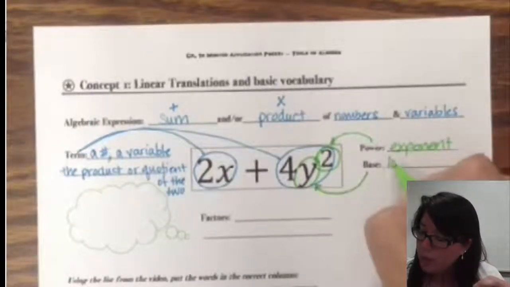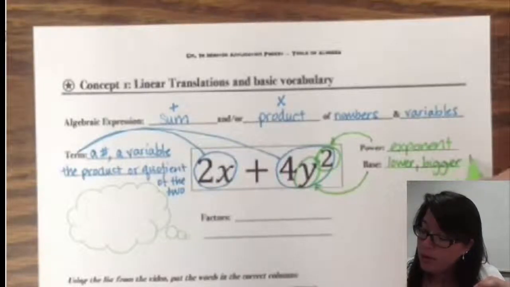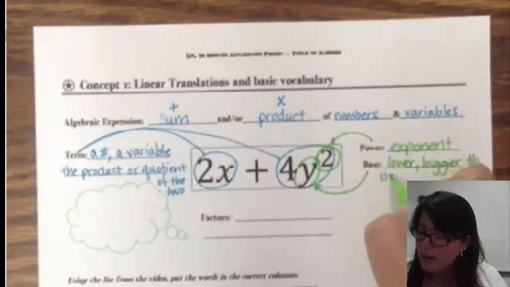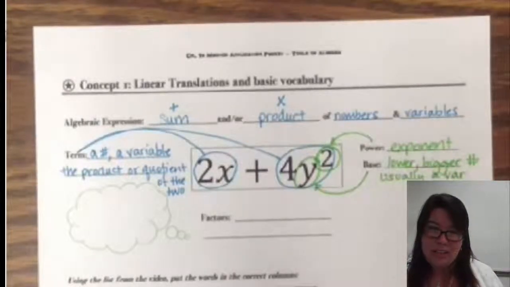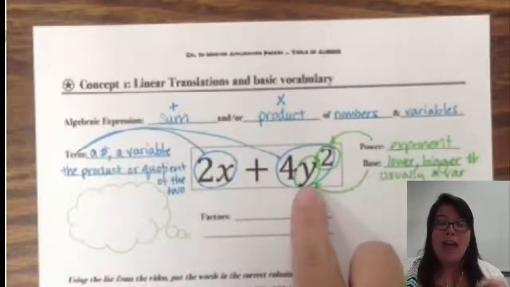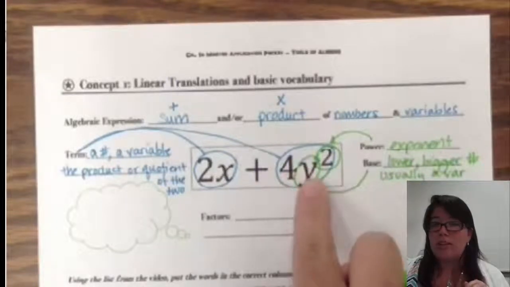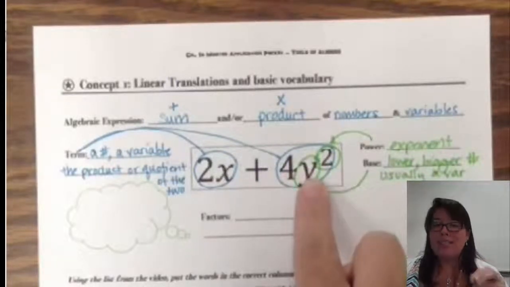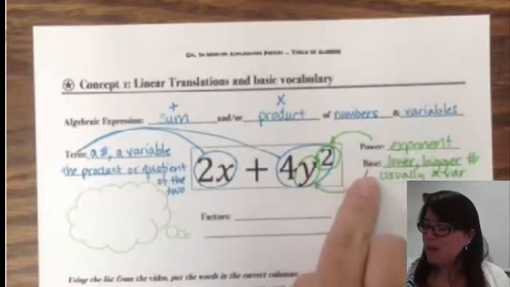So it's the lower, bigger number. And it's usually a variable. Doesn't have to be, but it usually is. Okay, so y is our base here. And it's not the whole thing. Notice I didn't circle 4y, it's just y. It's just the part that's attached to the exponent. So powers and bases go together.